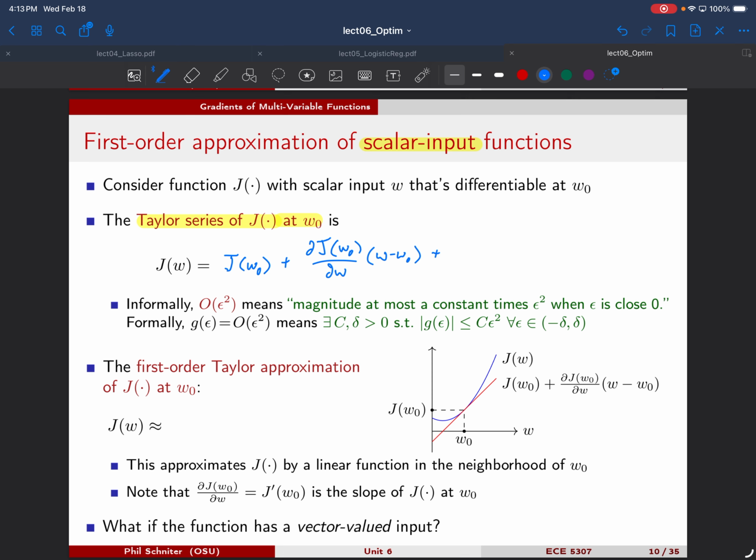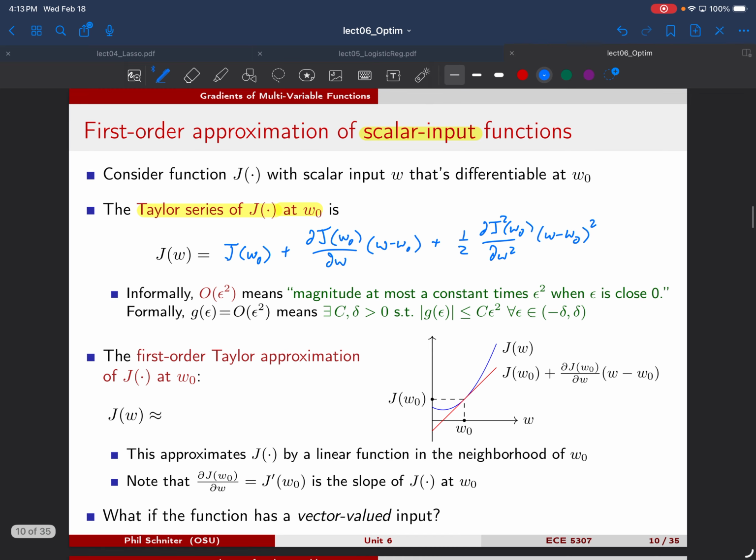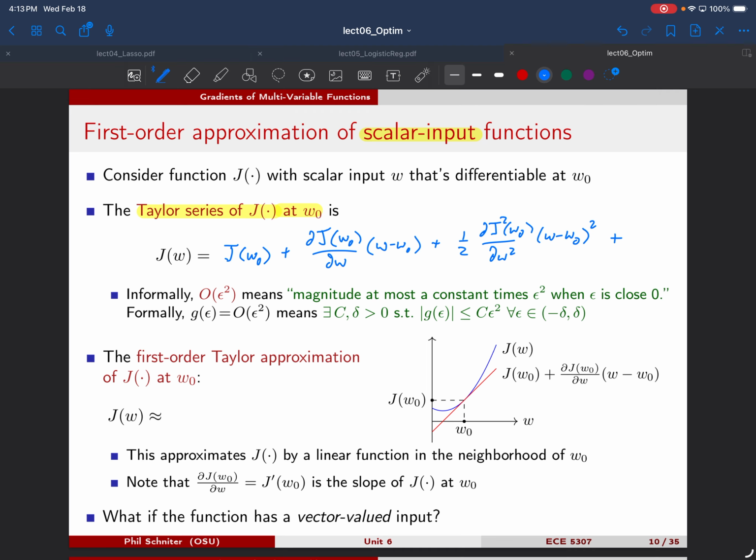That's the first order term. And then we have a second order term which contains a second derivative and squared deviation. And we have an infinite series of other terms.